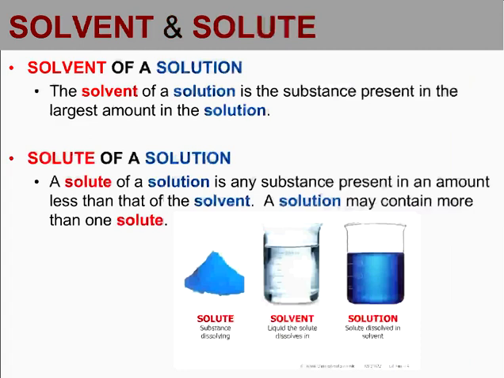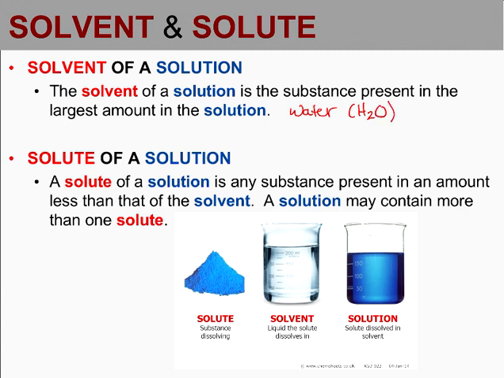All right, so let's define a couple of different terms regarding solutions: solvent and solute. So the solvent of a solution is the substance present in the largest amount in the solution. So this is typically going to be water, or H2O.